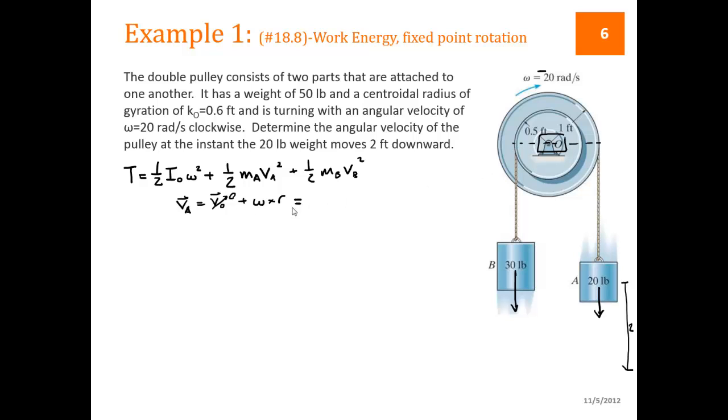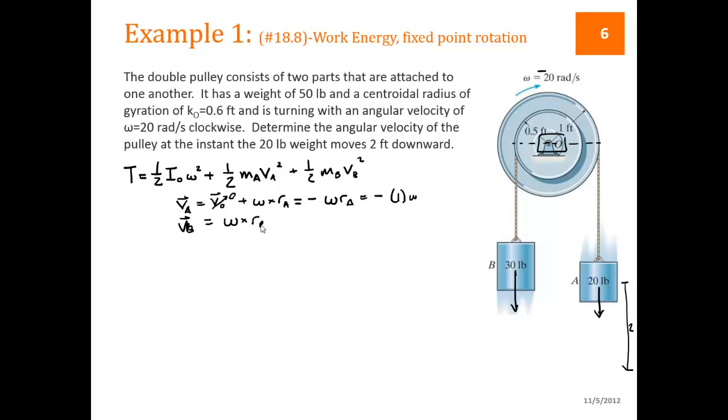So this is R_A, negative omega crossed with positive R_A i hat. Negative gives us a negative V_A. Right, so that would be a negative omega R_A. We don't know omega, but we do know R_A, so this is going to be negative, R_A is 1, times omega.